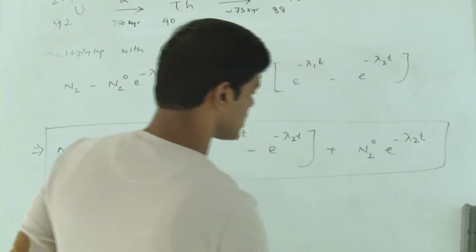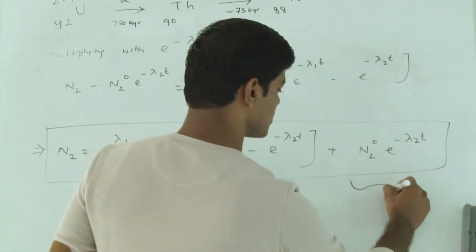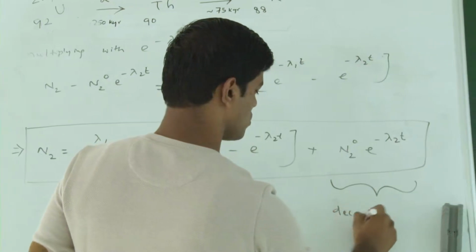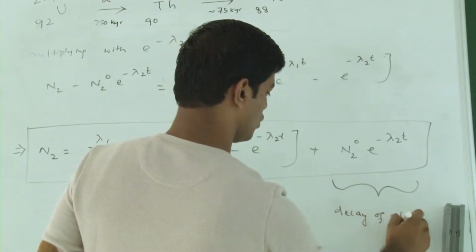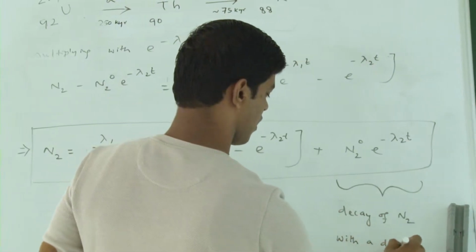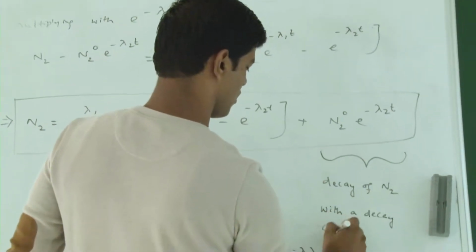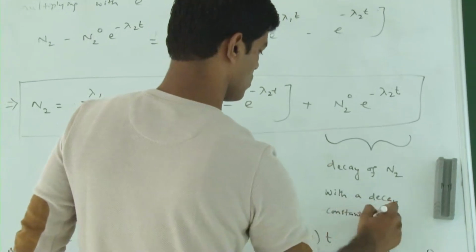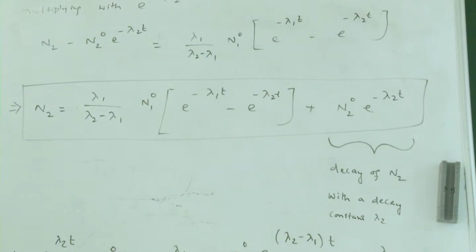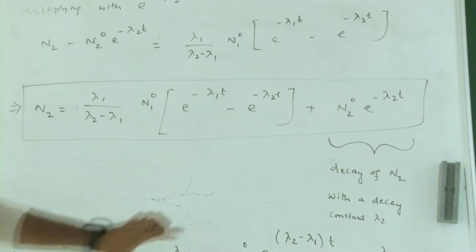So, this term basically reflects the decay of N2 with a decay constant of lambda 2. This is exactly the decay equation for an element N2 with a decay constant of lambda 2.